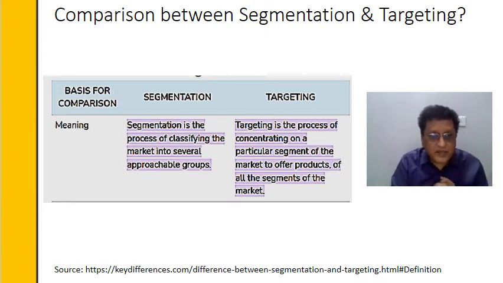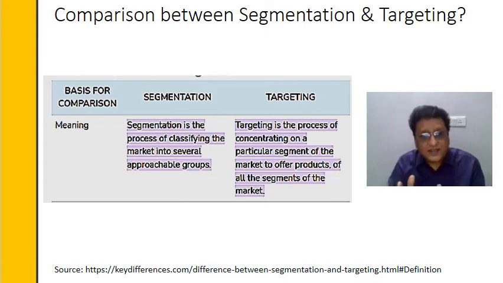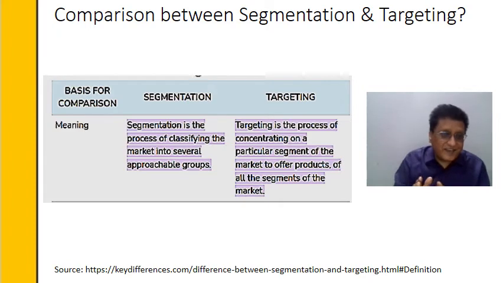STP means segmentation, targeting and positioning. First will be segmentation always and always, and then targeting and then positioning. It can never happen that you position first, target first and segment last. No, it can never happen.